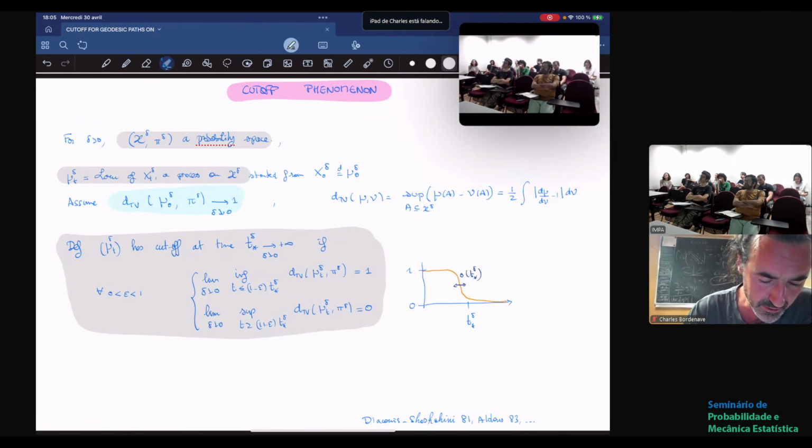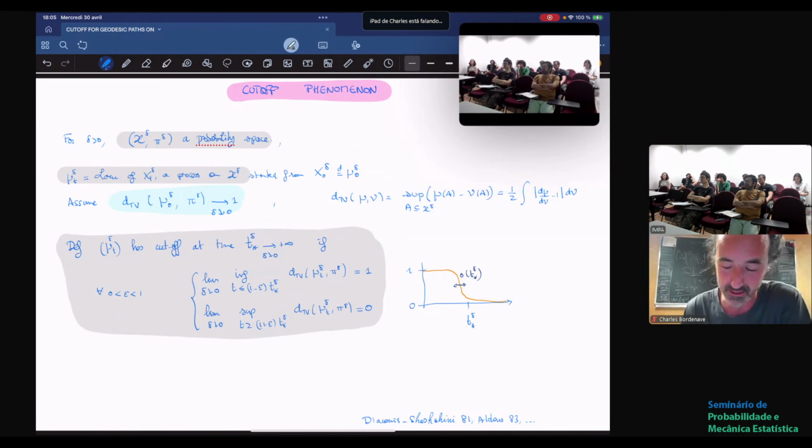You assume that the total variation distance between mu_0 delta and pi delta goes to 1 as delta goes to 0. The total variation distance is, for example, 1/2 the L1 distance of the densities of the measures.